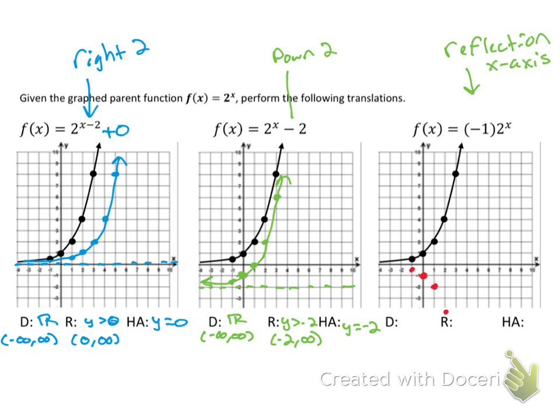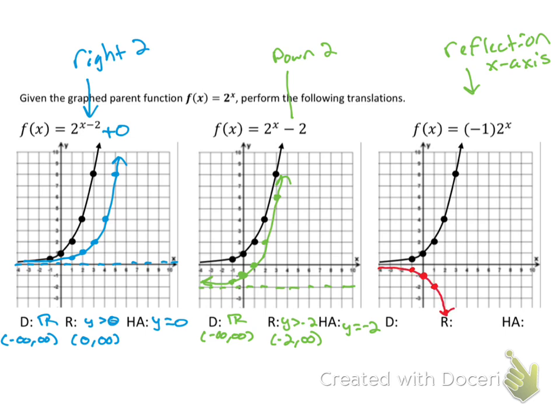The easiest way to do it when you're reflecting like this: this point is half away from the x-axis, so go down half. 1 away, down 1. 2 away, down 2. 4 away, down 4. That shows us our reflection.